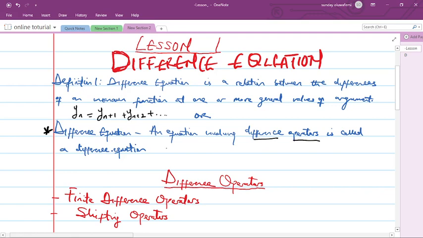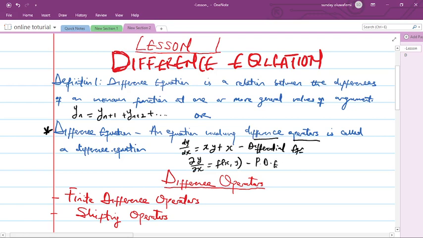I know you would have heard about differential equations, which can be in the form of dy dx equals xy plus x. And then you would have also heard about partial differential equations, where we have this sign to indicate a partial with respect to x, and it can be a function of x comma y, also known as PDE.